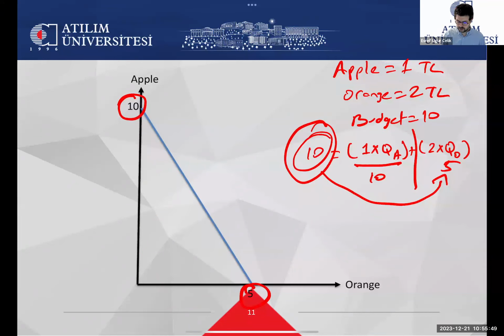And what we can find for the optimum level? 2 apple and 4 orange. Let's show on the graph. And the intersection level of optimum level and budget line, that point, we can draw the indifference curve for the tangent point of budget line.